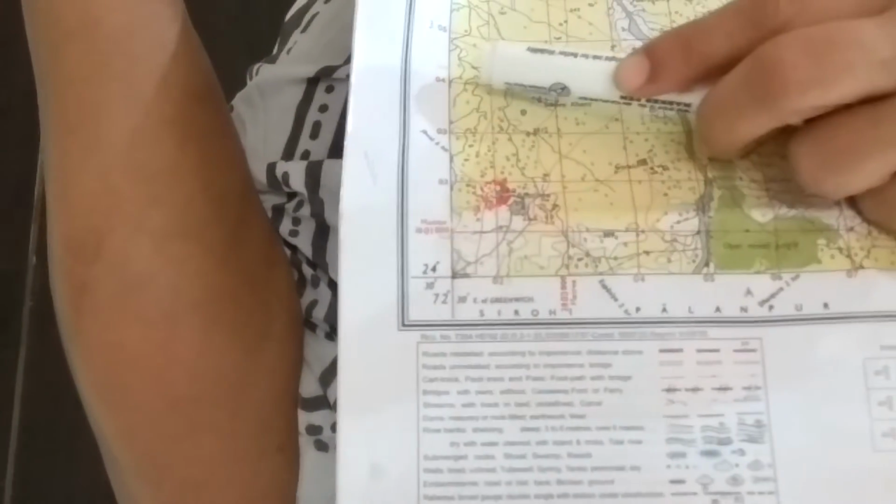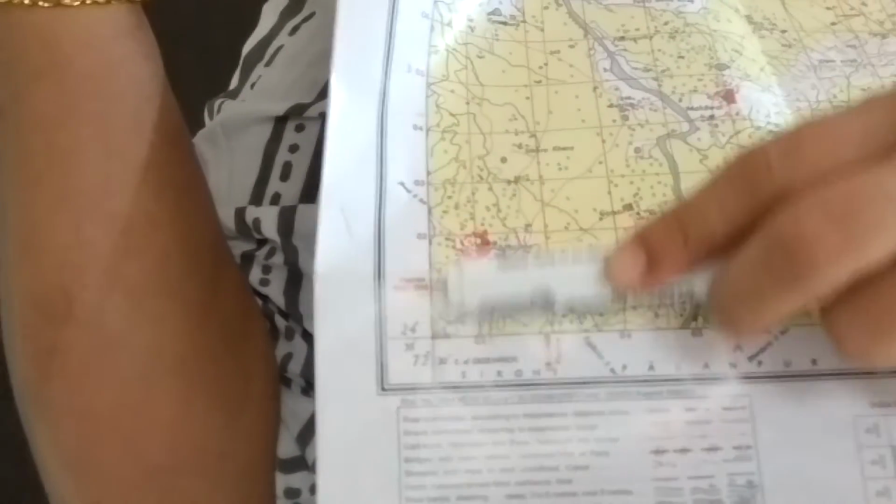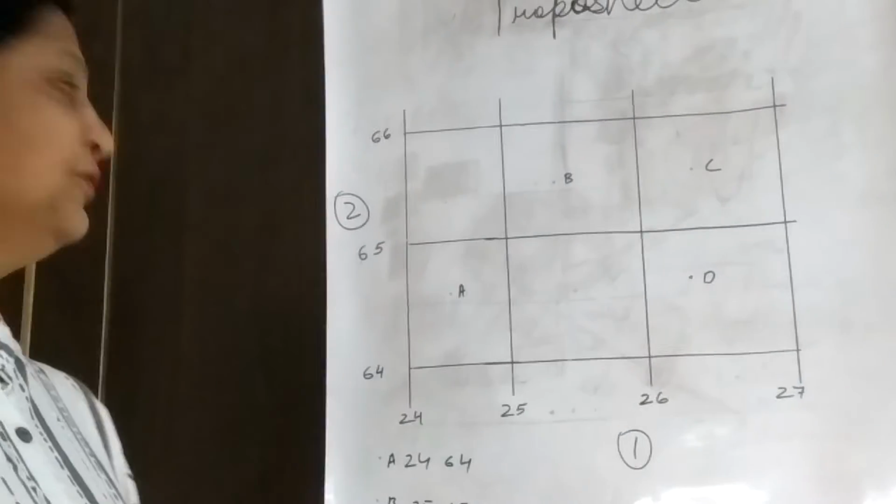The first value we take is this one, and secondly we take this number. The number is written on the red line, and this number only we see. This explains how we take point A, point B and point C. This is how we take the 4 grid reference.